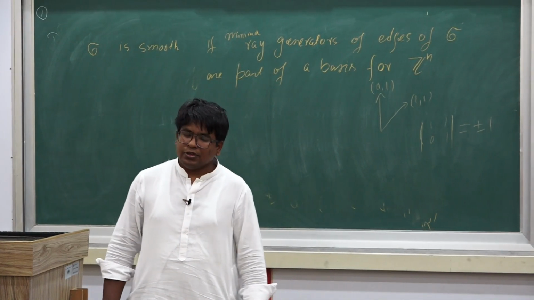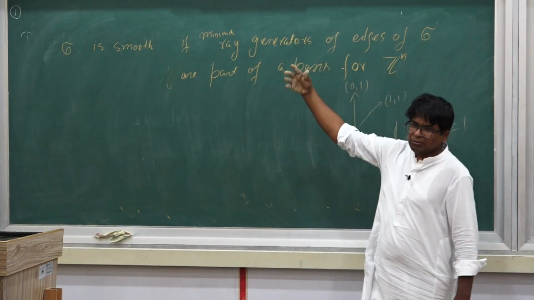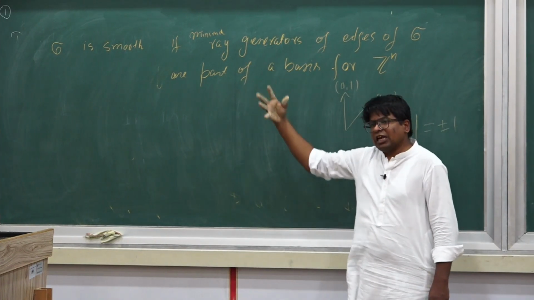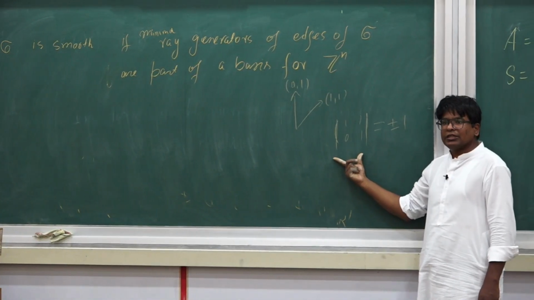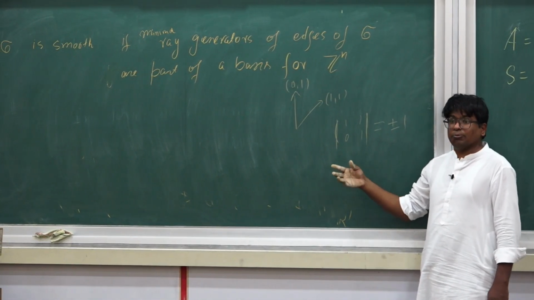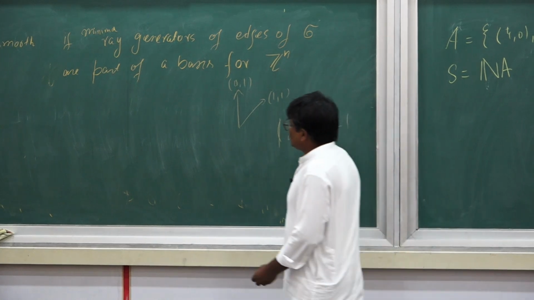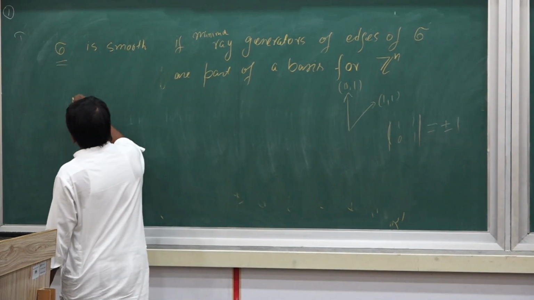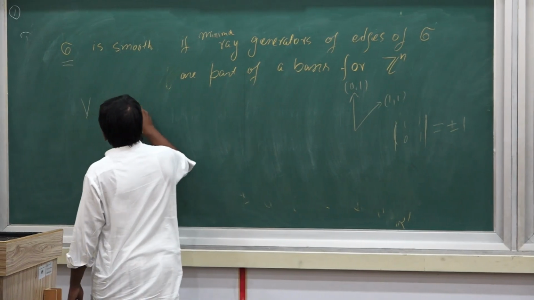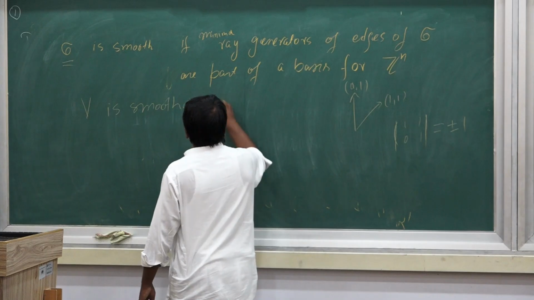But for a maximum dimensional cone, this precisely means that the determinant of this matrix should be 1 or minus 1. And we say V is smooth if and only if the corresponding sigma is smooth.